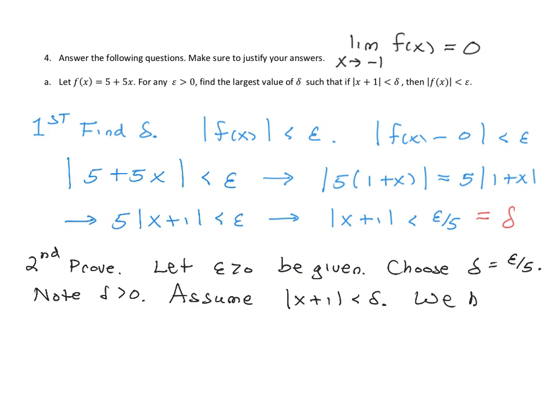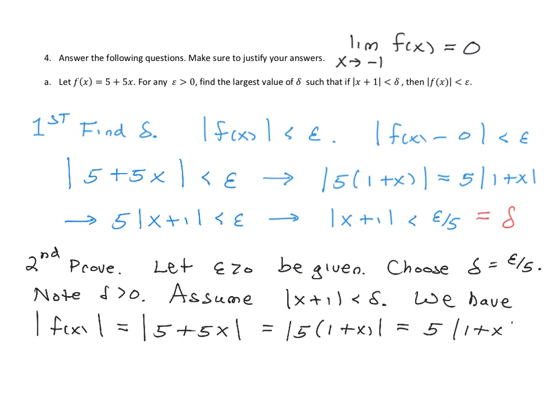We have that the absolute value of f of x is equal to the absolute value of 5 plus 5x, which is equal to the absolute value of 5 times 1 plus x, which is equal to 5 times the absolute value of 1 plus x, which is the same thing as 5 times the absolute value of x plus 1.